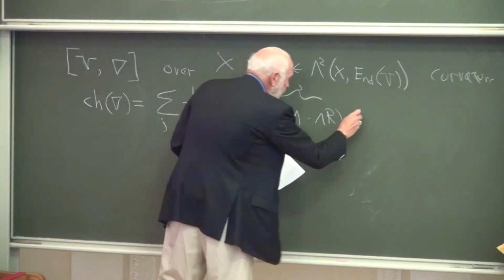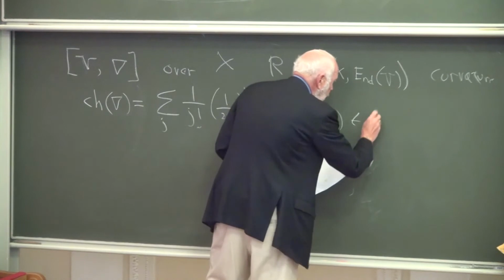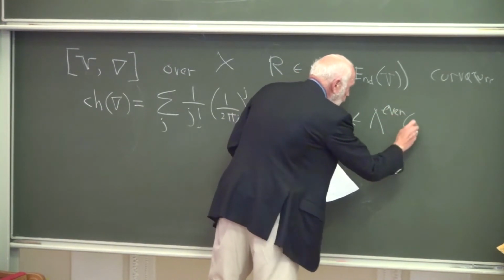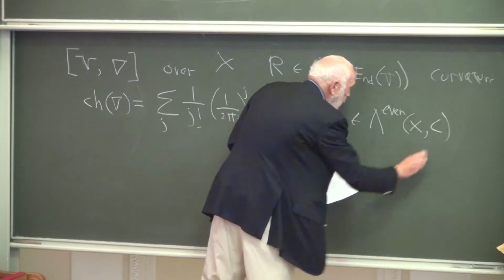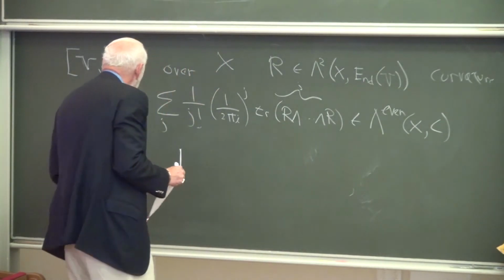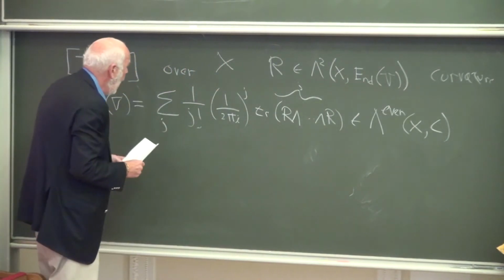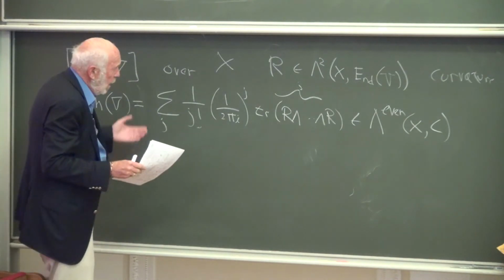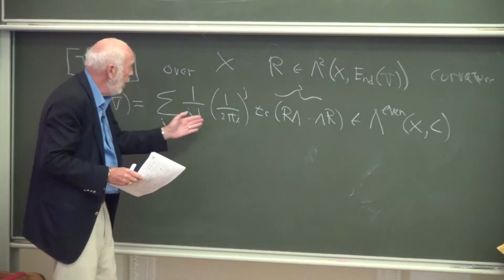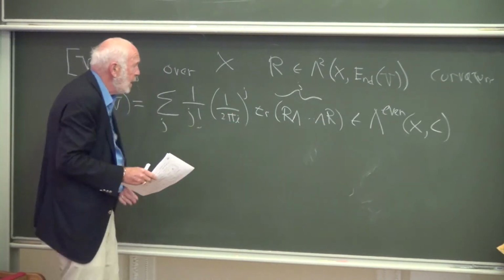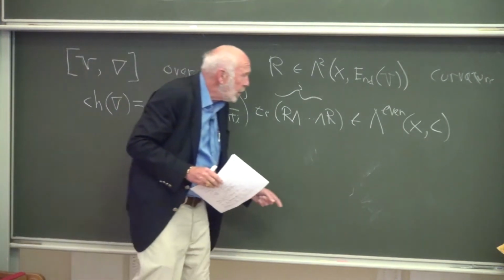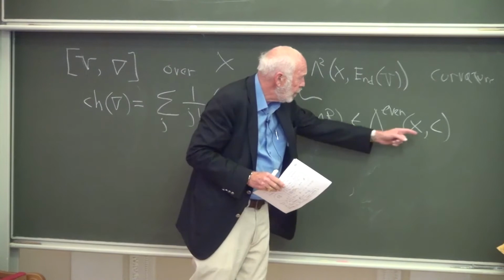And that's an element, a closed form in wedge even of X with complex coefficients. This is the Weil homomorphism applied to these invariant polynomials, the trace powers. You sum them up, you get a form, and this represents the Chern character, a rational cohomology class.